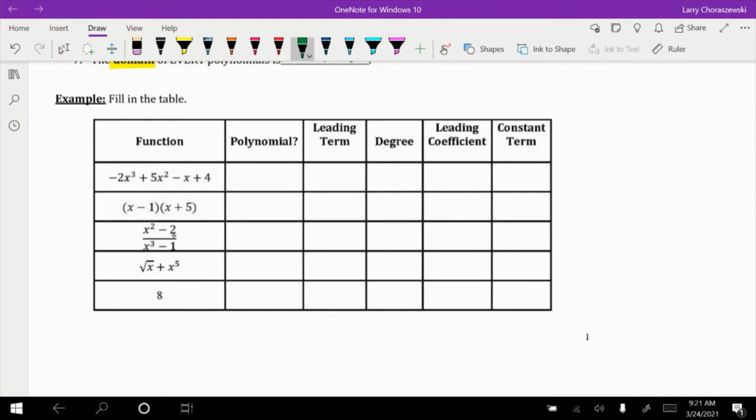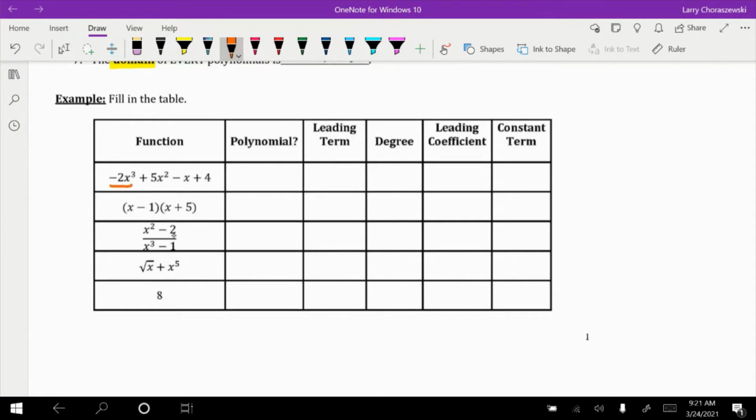We've got negative 2x cubed plus 5x squared minus x plus 4. Okay, would you guys agree that this fits the format of a polynomial function? Yeah, it definitely has that format where it's a sum of monomials.